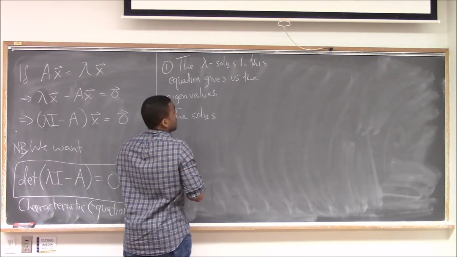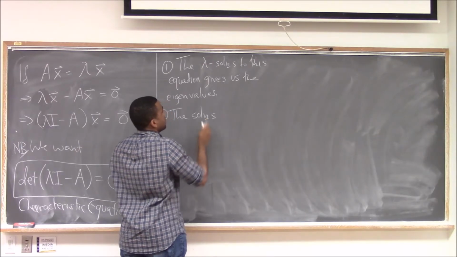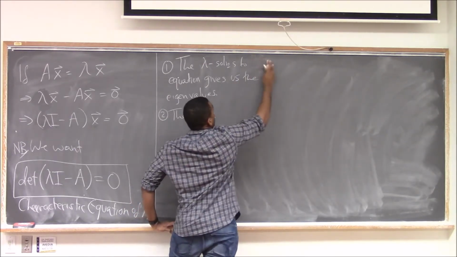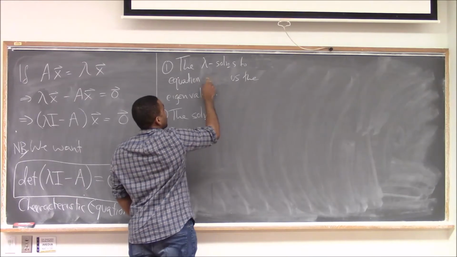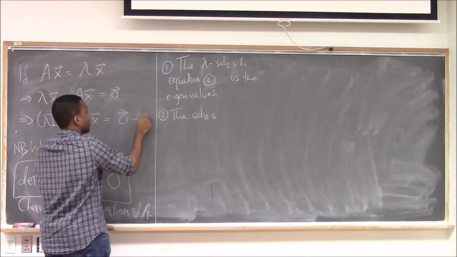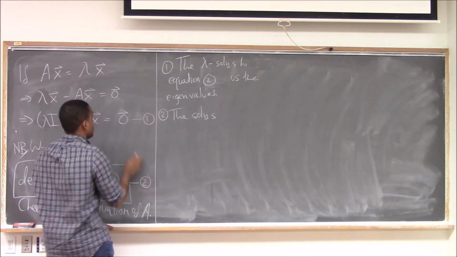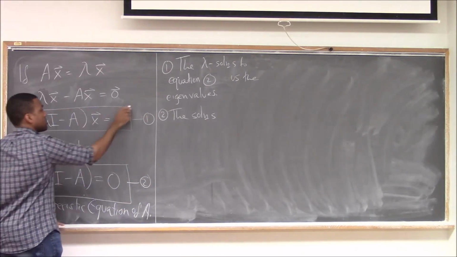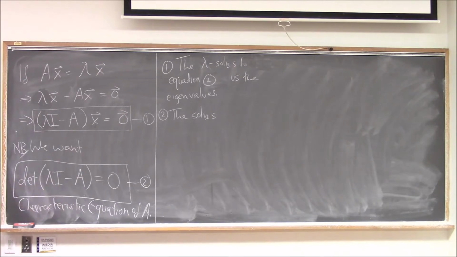Let me actually number the equations. I'm going to call this equation 1, that equation 2. So this is an important equation. From that I can get to this. Here I'm just going to have a scalar equation. In fact, it's going to be a polynomial equal to 0. You're going to find the roots. Once you find the solutions for lambda, those are the eigenvalues.